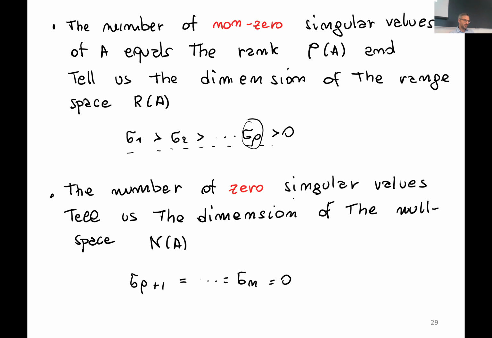Remember, the null space has dimension n minus rank, so a matrix that has rank rho and n columns will have n minus rho zero singular values.